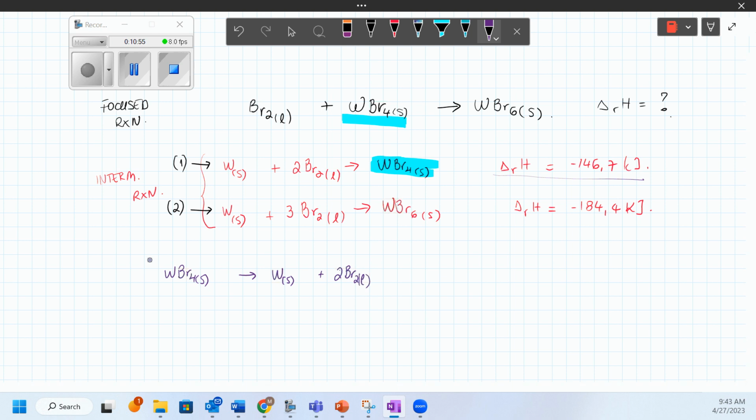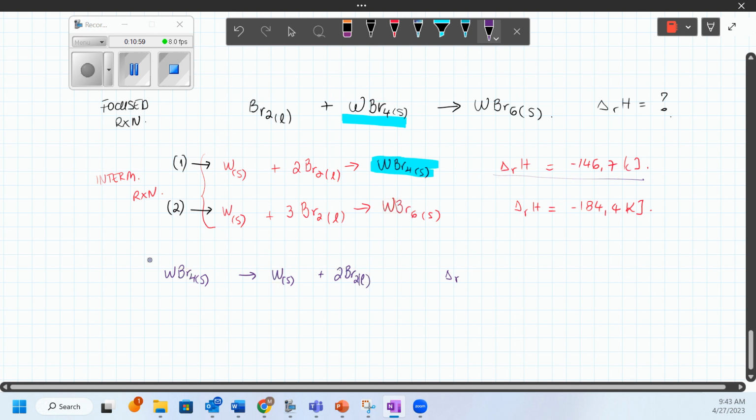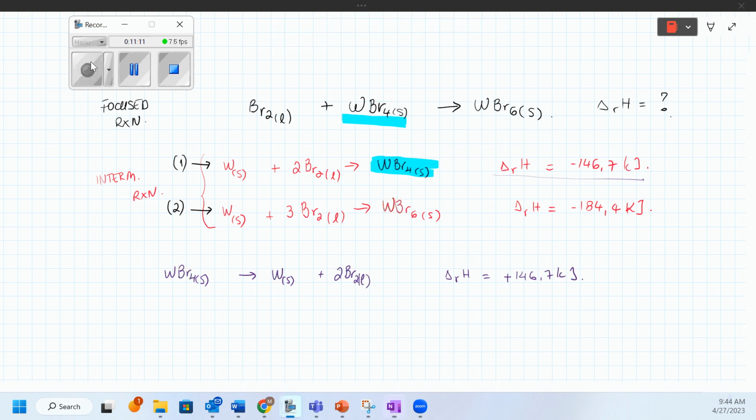Save it or flip it or change the sign? I have to change the sign. So now from negative will be positive 146.7 kilojoules.